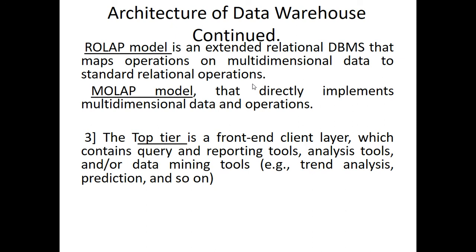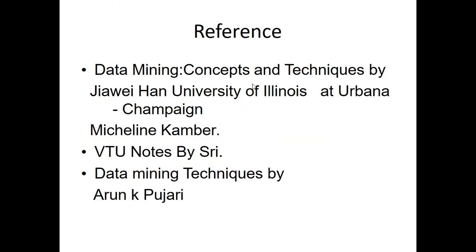MOLAP, multidimensional OLAP, directly implements the multidimensional data and operations. The top tier is the front-end client layer, which consists of query and report tools, analysis tools, data mining tools, and so on. This is about data warehouse and data warehouse architecture.